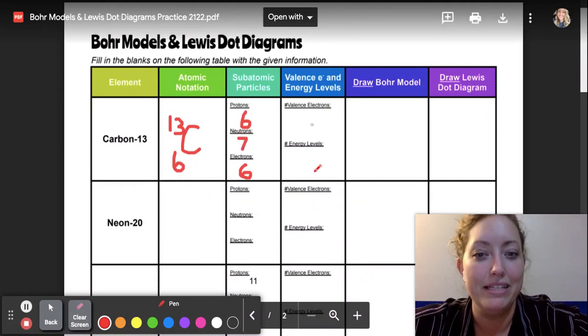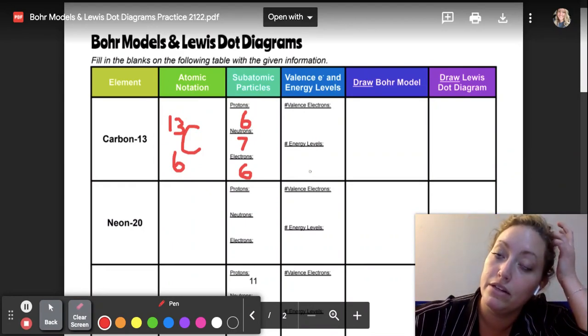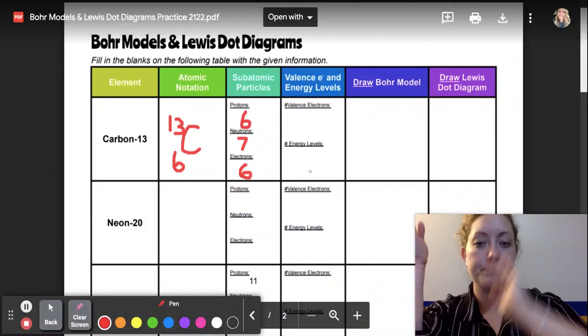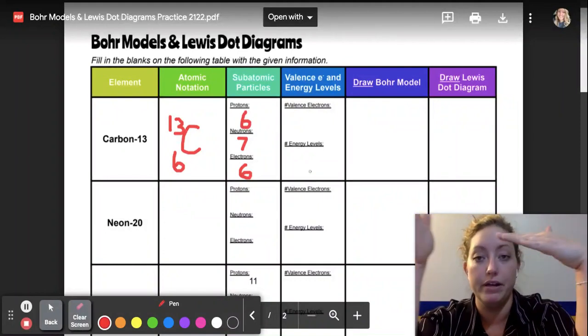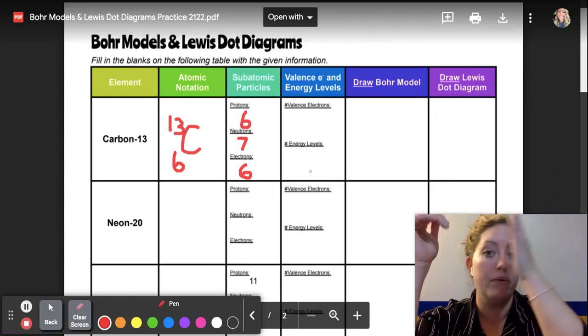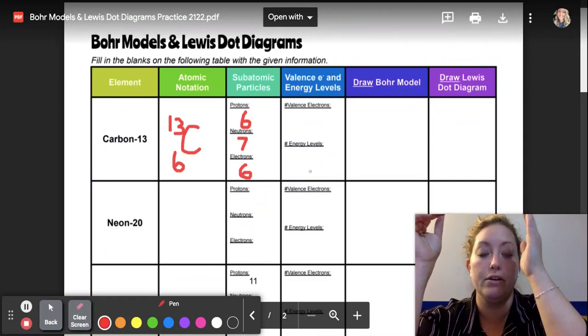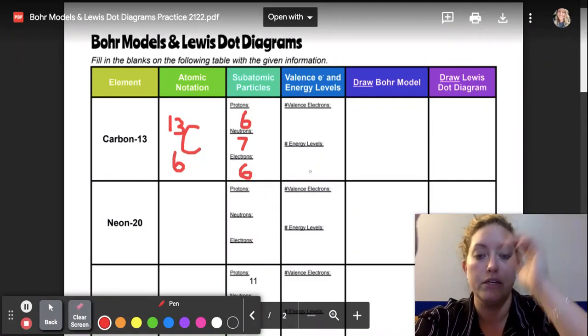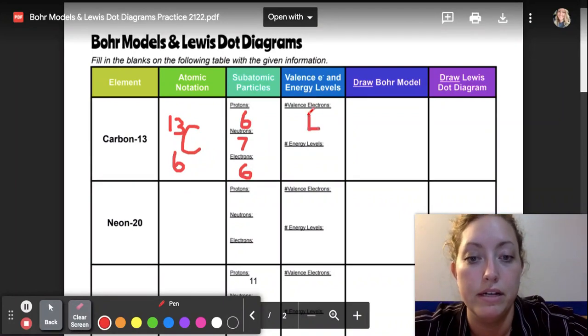Now this is kind of new: the number of energy levels versus the valence electrons. This is where your groups and periods come in on your periodic table. You can look on your periodic table and figure out what group it's in. It's in group 14, so it's going to have 4 valence electrons, because carbon can bond with like anything.